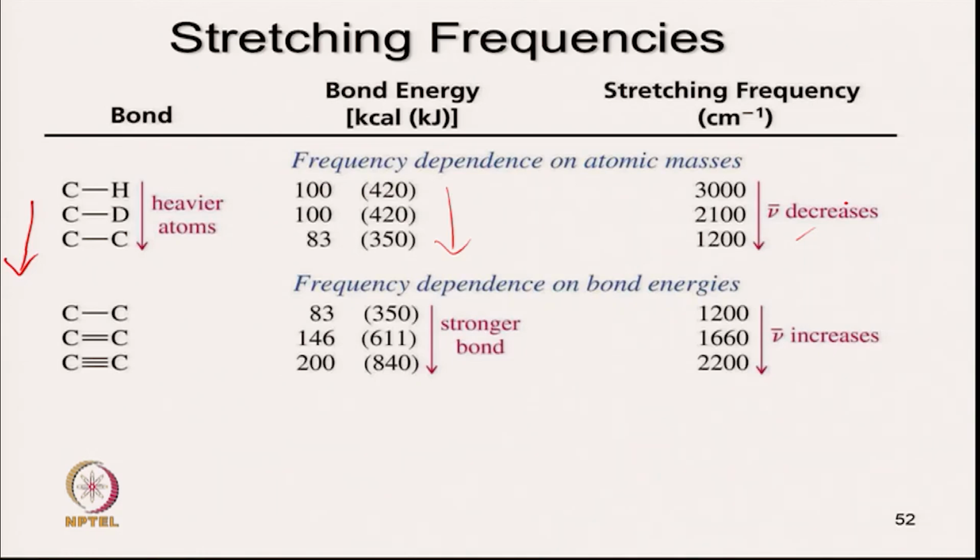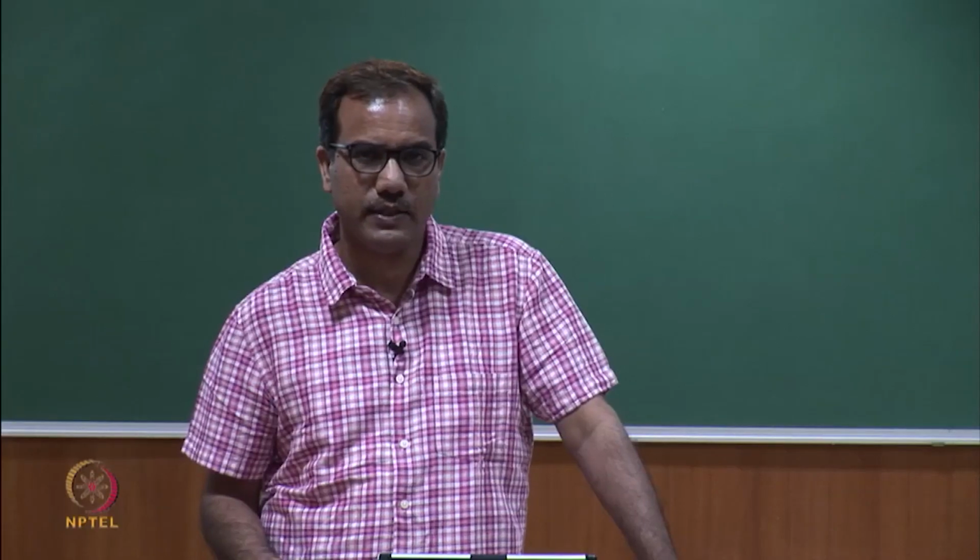A triple bond is stronger compared to a double bond, and a double bond is stronger compared to a single bond, and so energy is going to increase with increase in K value, because if you remember, energy is proportional to the square root of K. Your wave number is again going to increase with increase in stiffness.